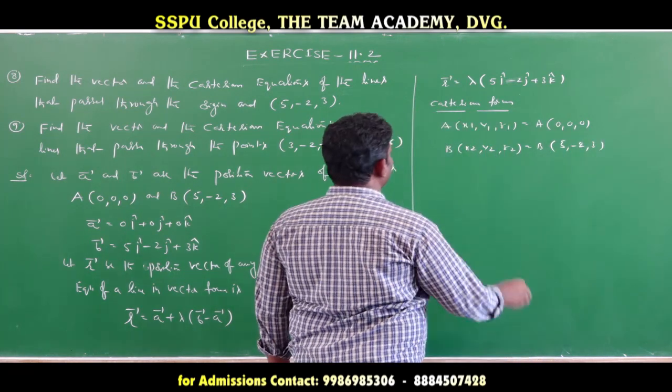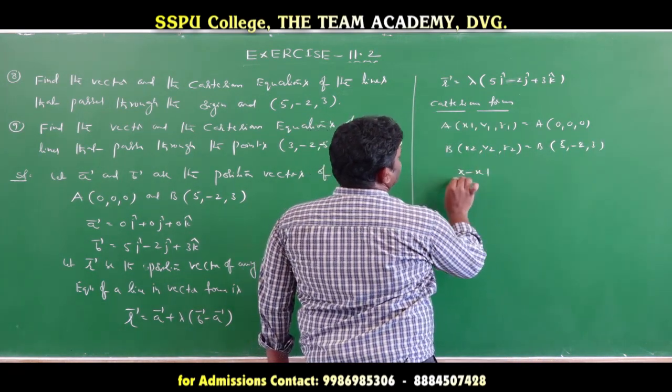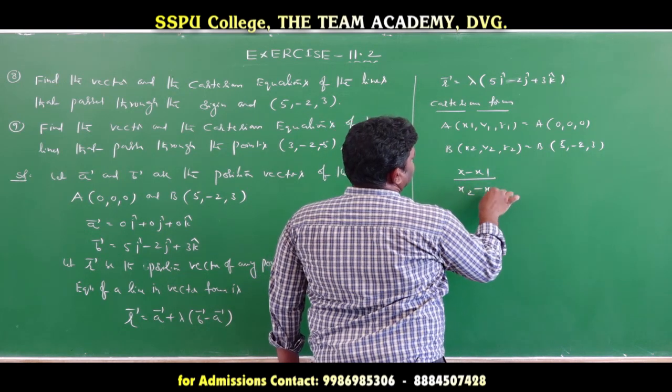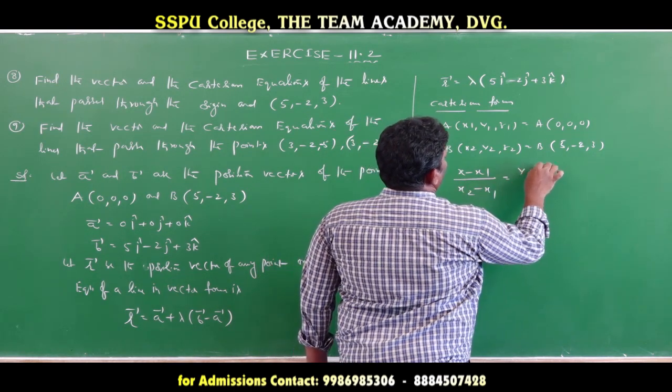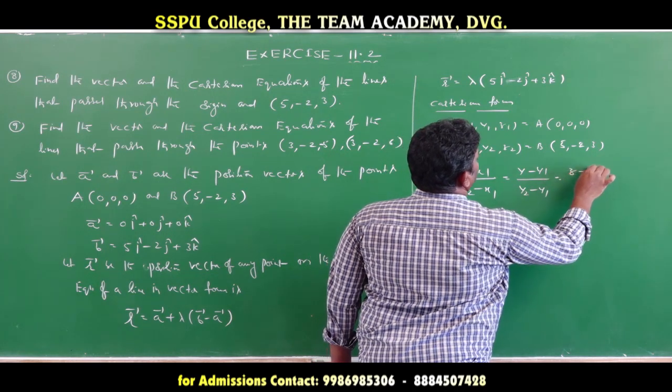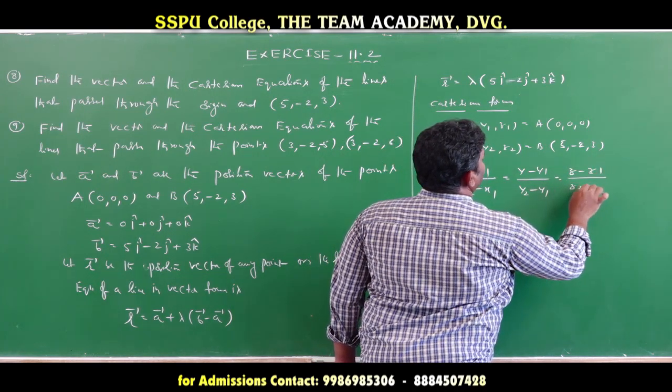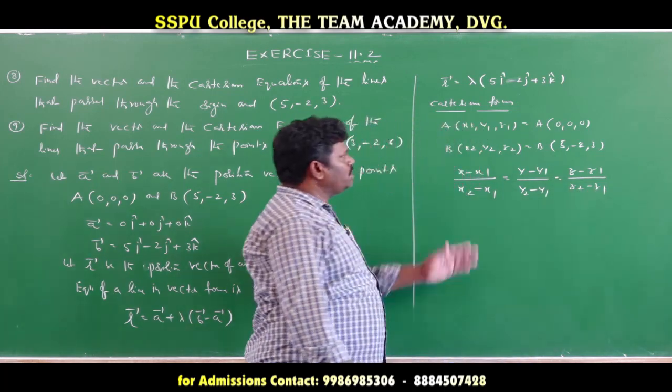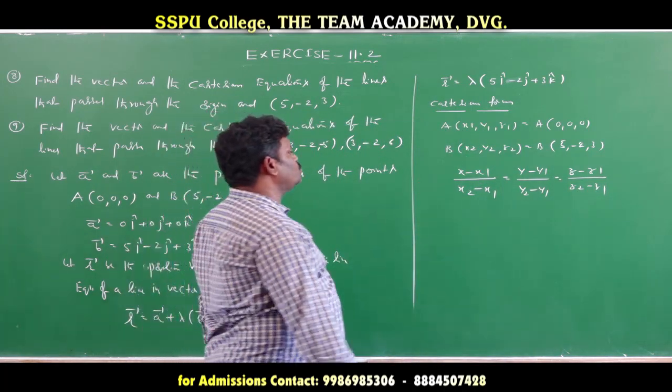Now the Cartesian equation is x minus x1 by x2 minus x1 is equal to y minus y1 by y2 minus y1 is equal to z minus z1 by z2 minus z1. Now the points are directly given, so we substitute the points here.